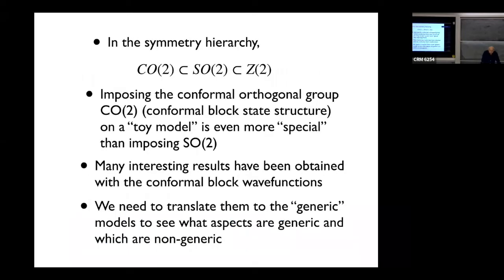Okay, so the group SO(2) has a kind of even higher symmetry extension, which is very popular in this field, which is conformal field theory, right? But we're not talking about Lorentzian conformal field theory.